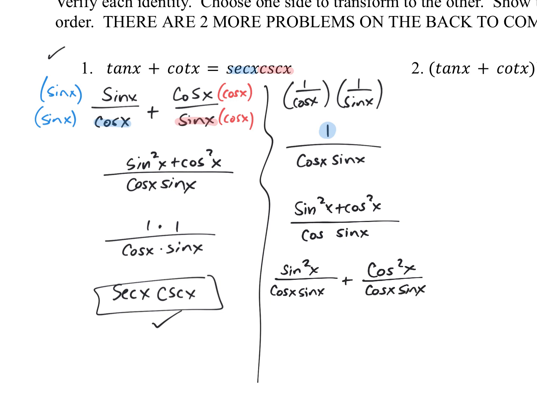And you can kind of feel that we're basically doing what we did the first time around in reverse. We can simplify each of these fractions, and what we'd be left with is sine x over cosine x plus cosine x over sine x. And as we know, that is tangent x plus cotangent x, and that's where we were hoping to go. So that's the first one.